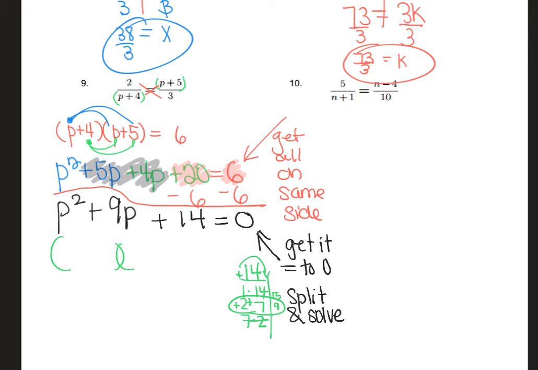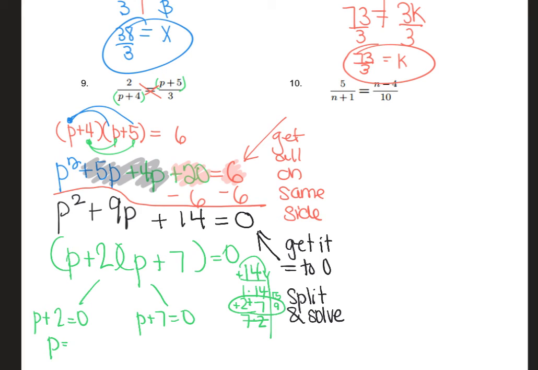Okay, and a equals 1, right? So it's p plus 2, p plus 7, and since we're equal to 0, we're splitting and solving. So p plus 2 equals 0, p plus 7 equals 0, so p has to be equal to negative 2, or p has to be equal to negative 7. And I'm all done.